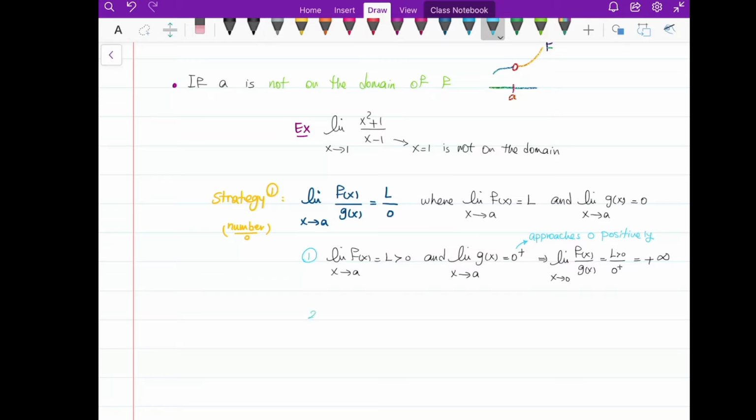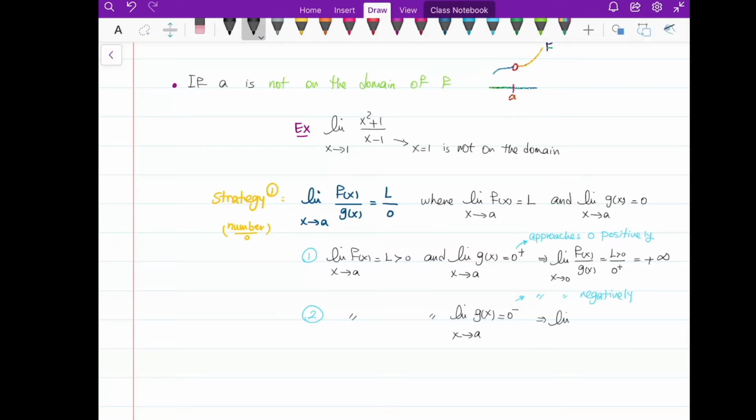The second situation is that we have the same thing, and the limit of g of x as x goes to a is 0 negative, which means that it approaches 0 negatively, with some numbers that are less than 0.